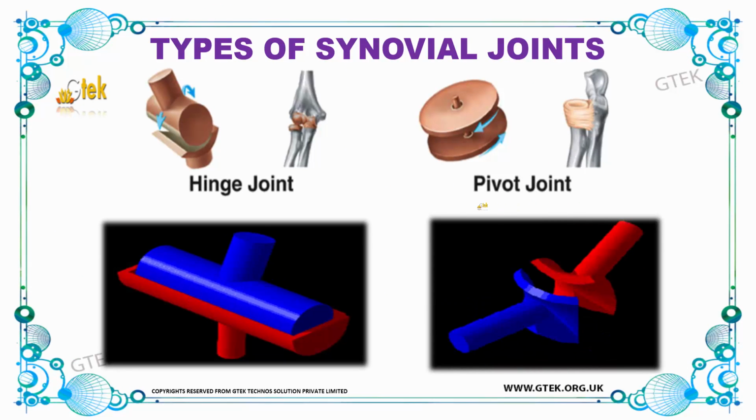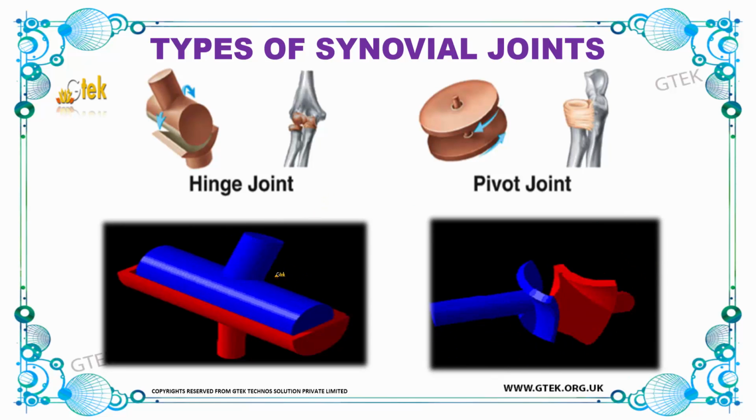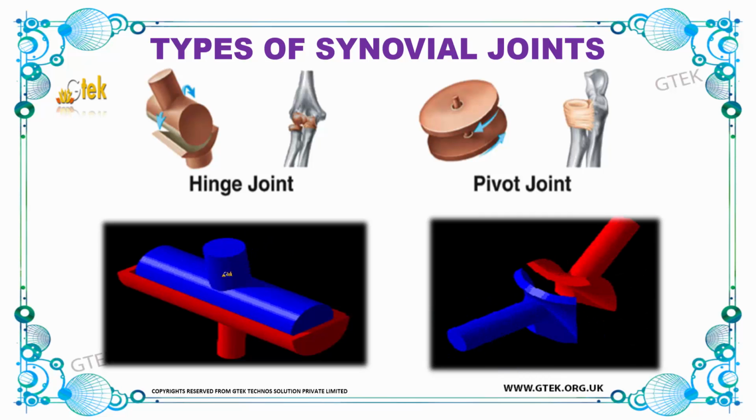A third type of joint is hinge joint. If you see in hinge joint, we have the movement as to and fro. So this can be found at a region of your upper arm and your lower arm's junction. So that comprises of your hinge joint.